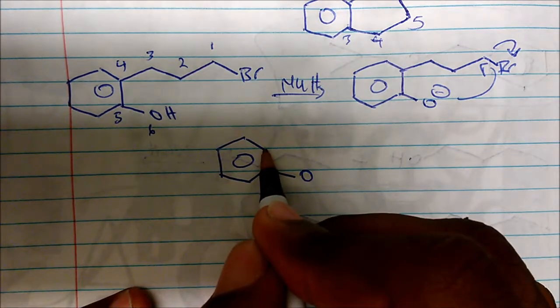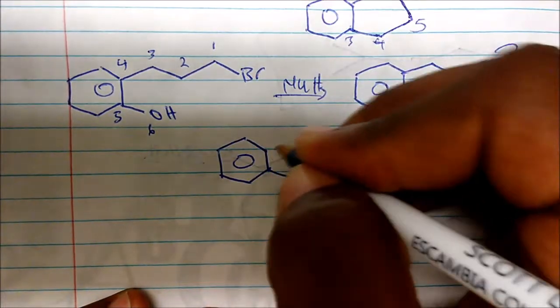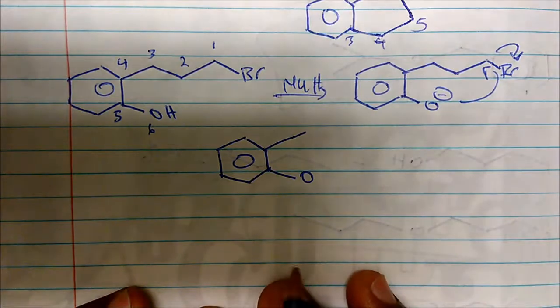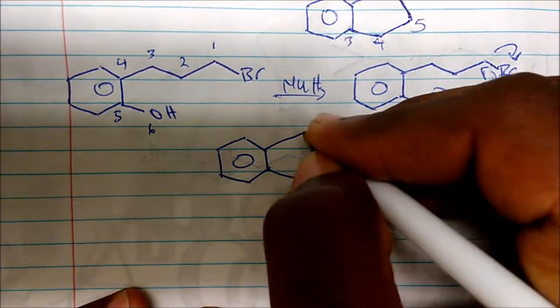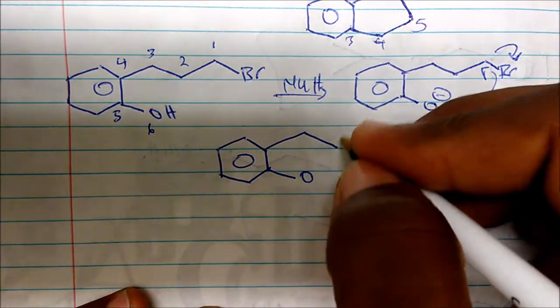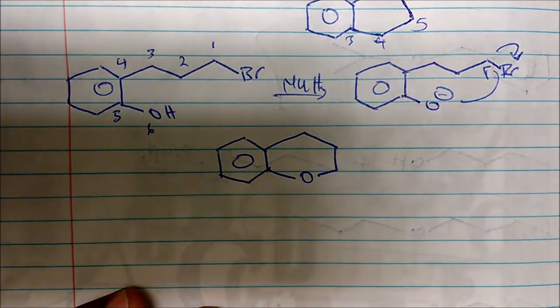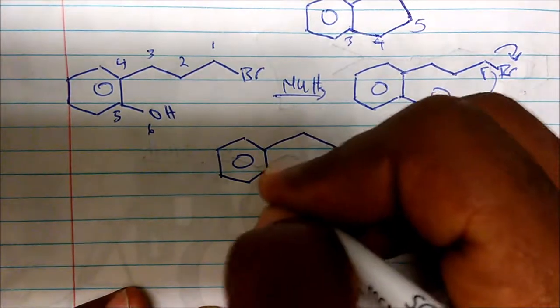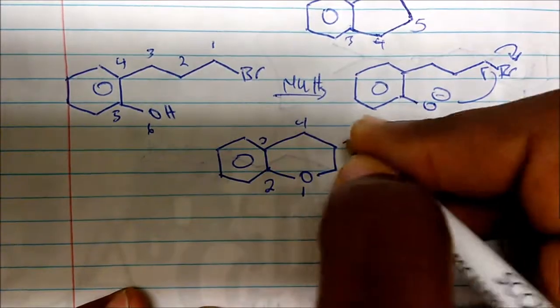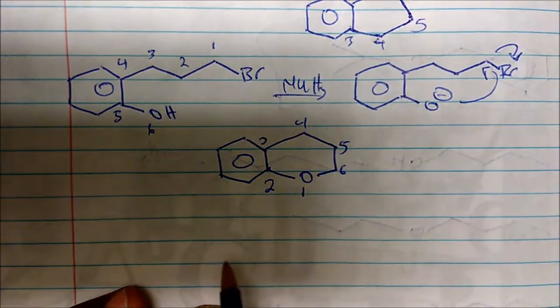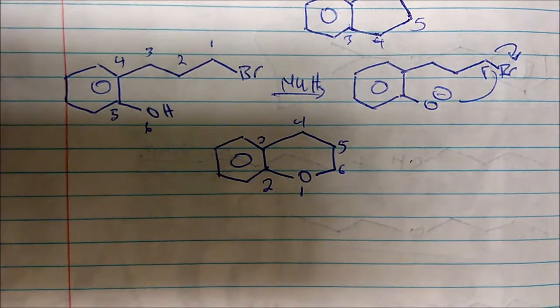So we have 3 out of the 6 so far. That makes 4. This makes 5. This makes 6. And then we just connect the bond here. So again, 1, 2, 3, 4, 5, 6. A 6-membered ring indeed. All right, so anytime you could form 5, 6, or 7-membered rings, do it.